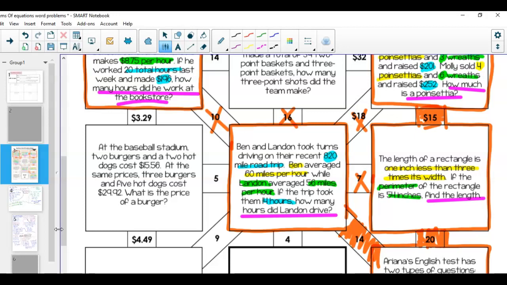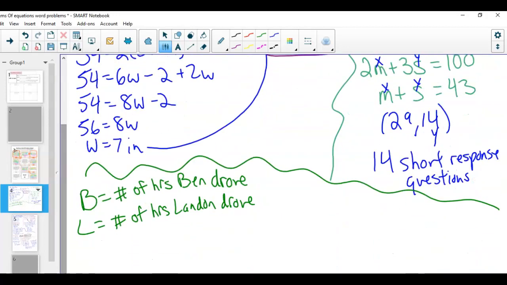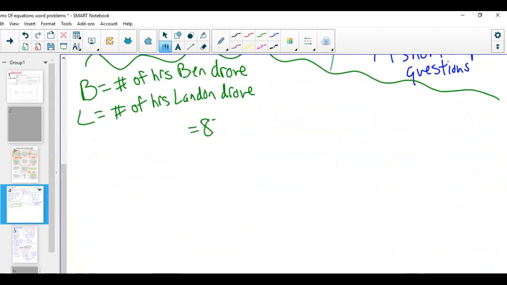And we know it took them 14 hours and they were on the road for 820 miles. So for the 820 miles, that's per hour times the average. And then the 14 is just the number of hours they drove total.